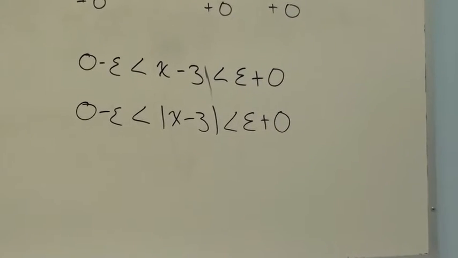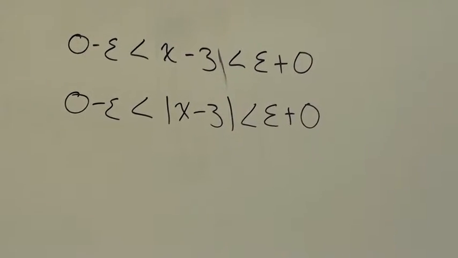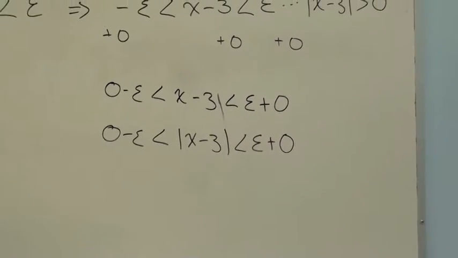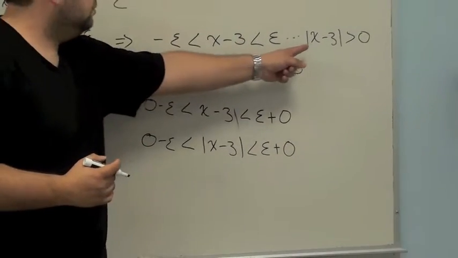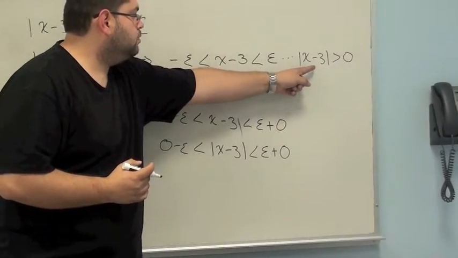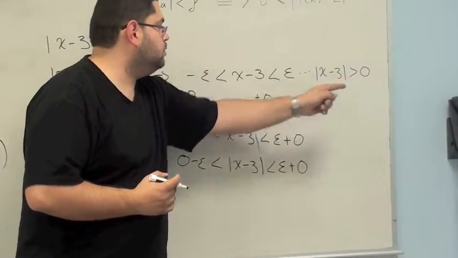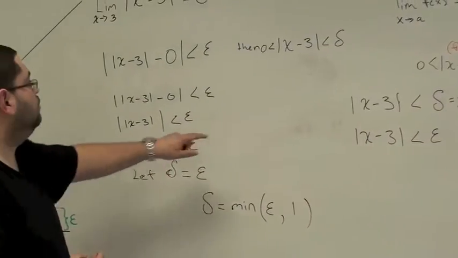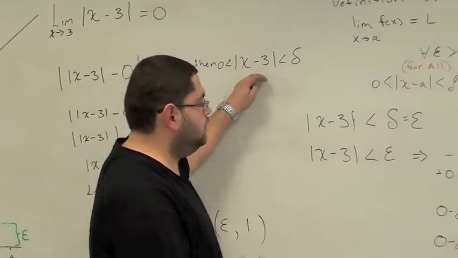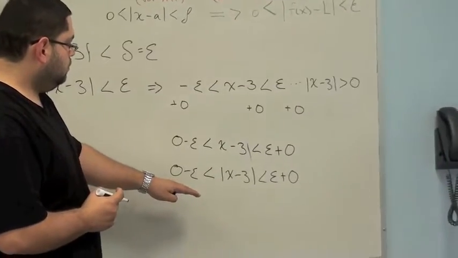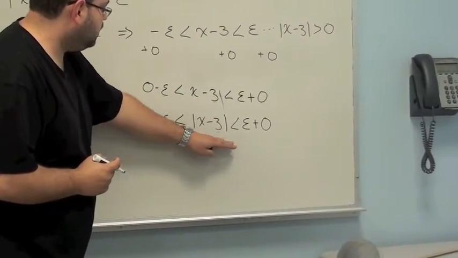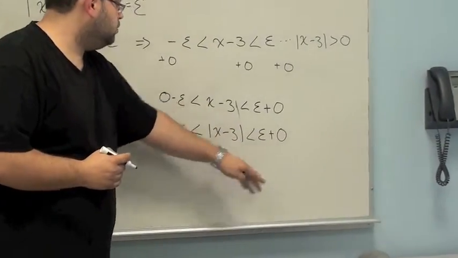Now, you may ask where that absolute value comes from. We know that the absolute value of x minus 3 is greater than 0. That's the idea from the beginning. We want that to be true, so because of that, we can assume that the absolute value is between these two values.